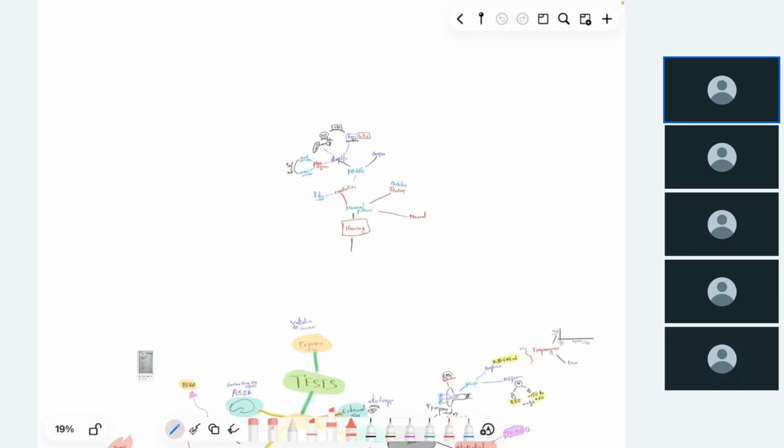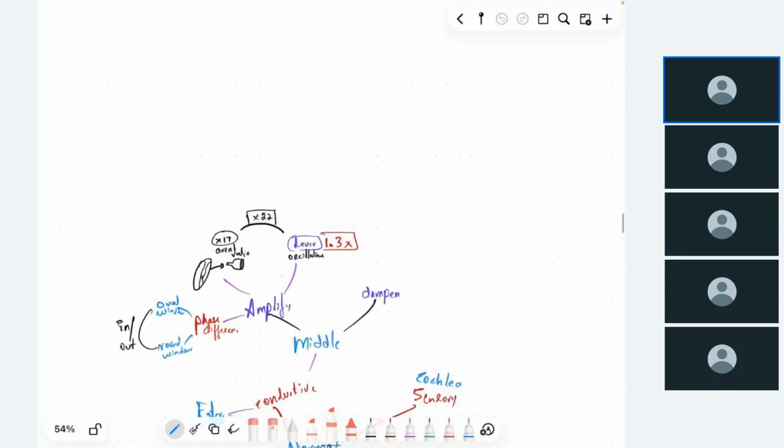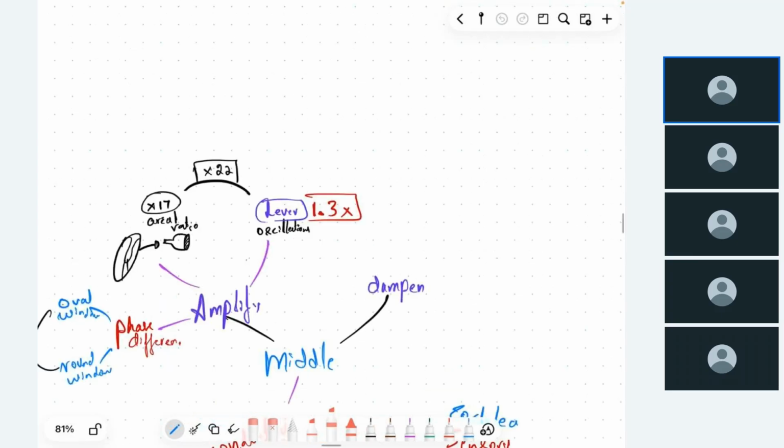Coming on to the impedance matching or the transformer mechanism of the middle ear. The lever action of ossicles. The handle of malleus, if you see, is 1.3 times longer than the long process of incus.